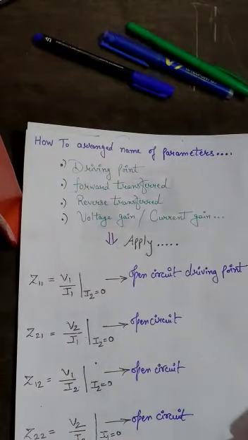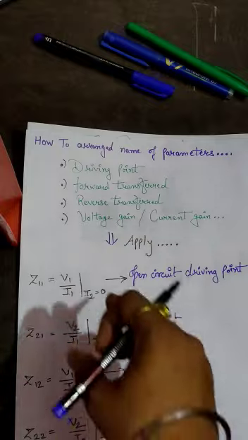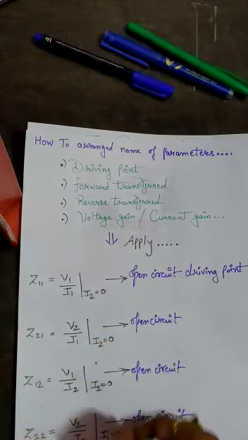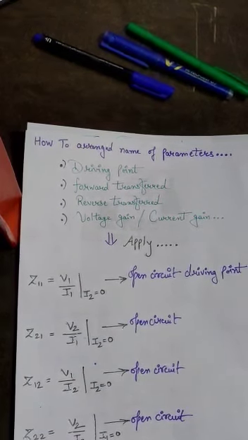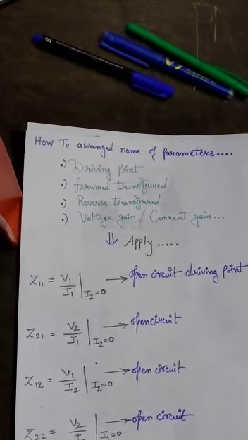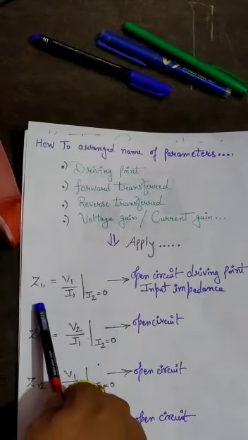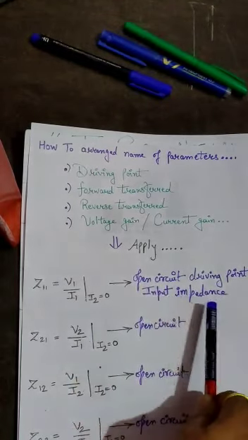V1 and I1 are both variables on the input side. That's why it is the input impedance. So this is the open circuit driving point input impedance.